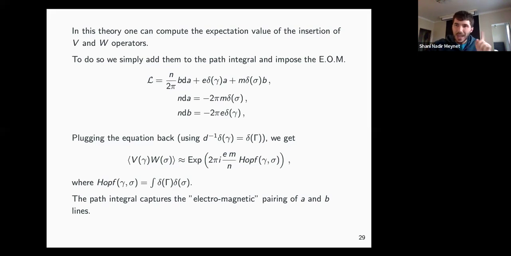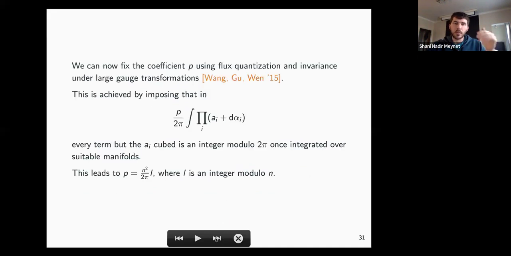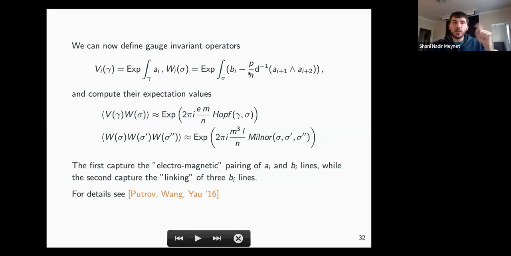Step two is how you do the higher linking. Well, that's a bit more complicated. For the higher linking, you can consider, for example, this action. You make it gauge invariant through some procedure which is analogous to the Green-Schwarz mechanism. You improve the gauge transformation. When you do this, when you do this D-inverse operator, you follow all the steps required; there are some consistency steps that you can find in this paper by Putrov, Wang, and Yau.